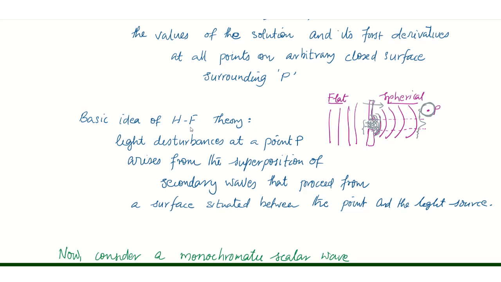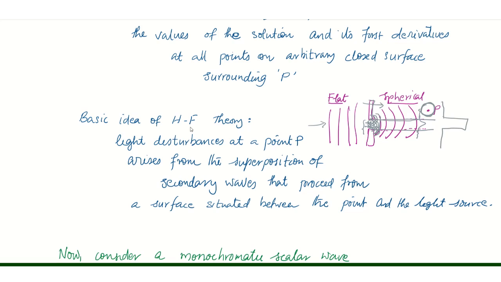Ideally, what you should have had is, when a situation like this happens, the light comes in and you should have a sharp central maximum, like the intensity is maximum there, and intensity should have been 0 here.